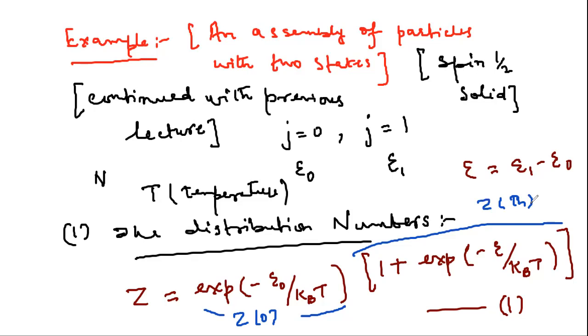Then, using the Boltzmann distribution, we found the expression for the distribution numbers. Let me write those equations.